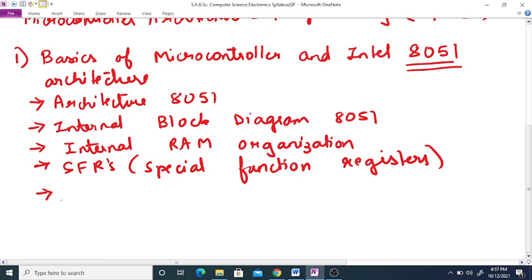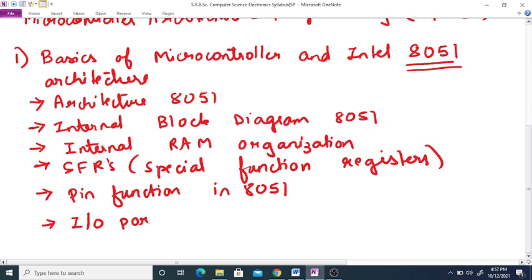Then next pin function in 8051, IO port, that is input output port structure and operation.